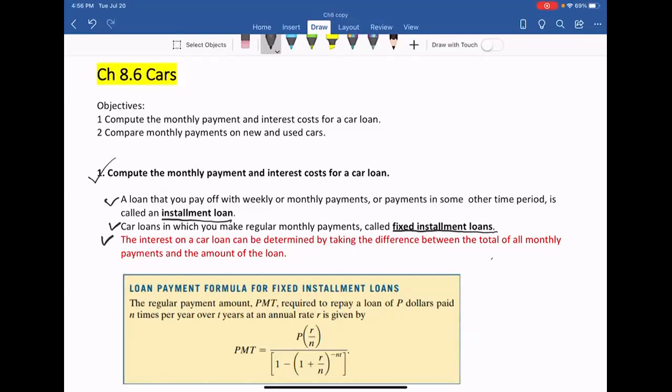What's the meaning? If the loan I borrowed is $10,000, but by computing, every month I need to pay maybe $500 for 6 years. That means $500 every month for 6 years.